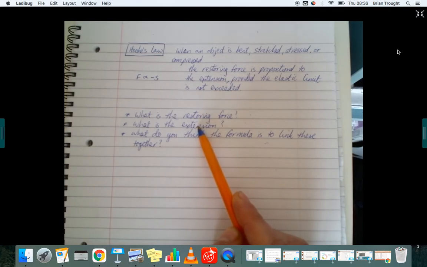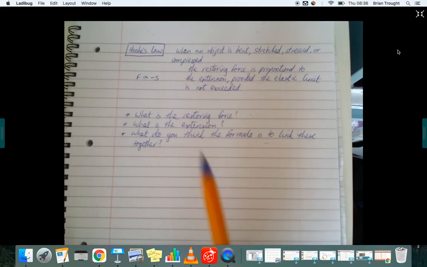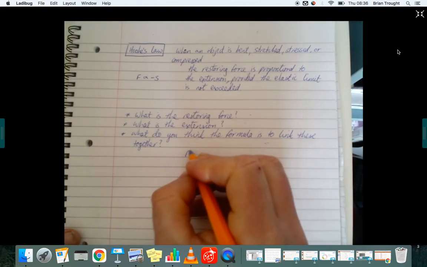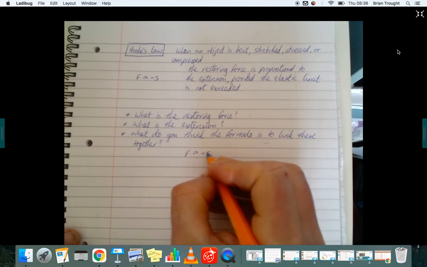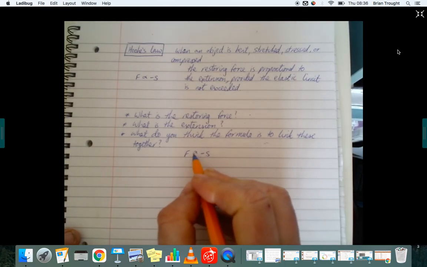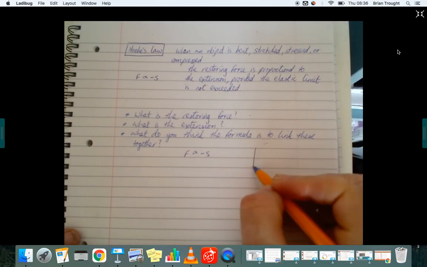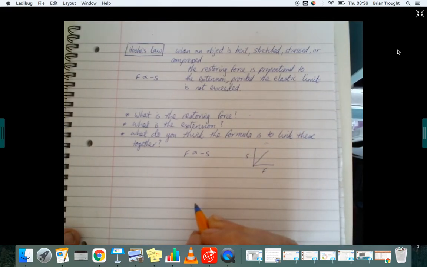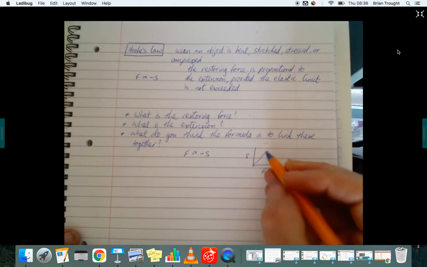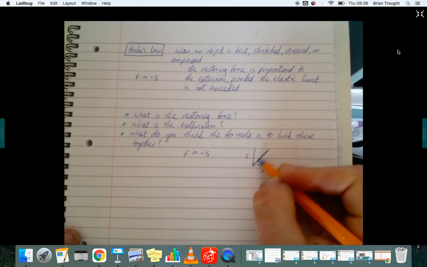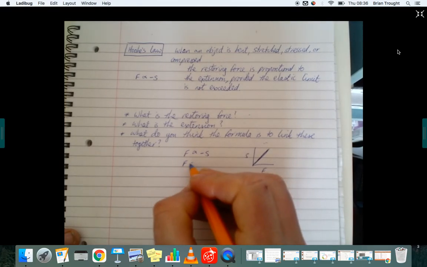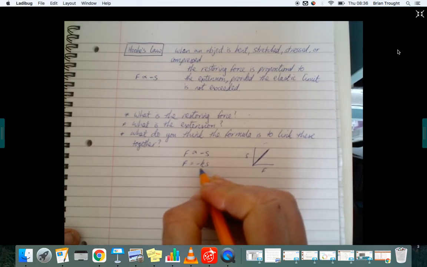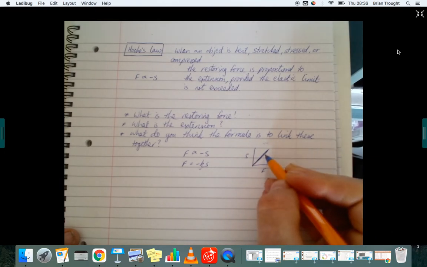The extension is how far the spring has been extended beyond its natural length, and the formula relating the two, well, if we start with F is proportional to minus S, then to go from a proportionality, which basically is a straight line graph through the origin, to an equals, what we need to do is put in a constant of proportionality, which will somehow be related to the slope. So we get F is equal to minus Ks, where K is related to the slope. It's either the slope or it's 1 over the slope.